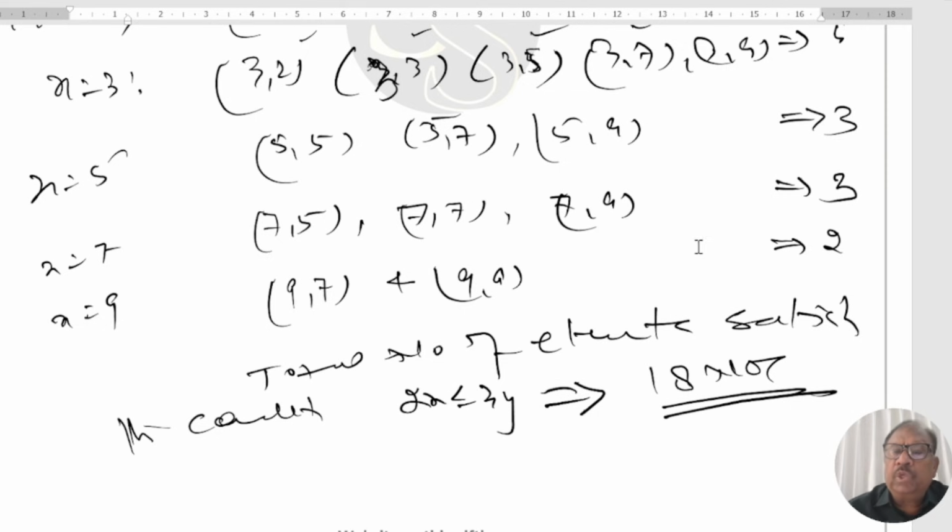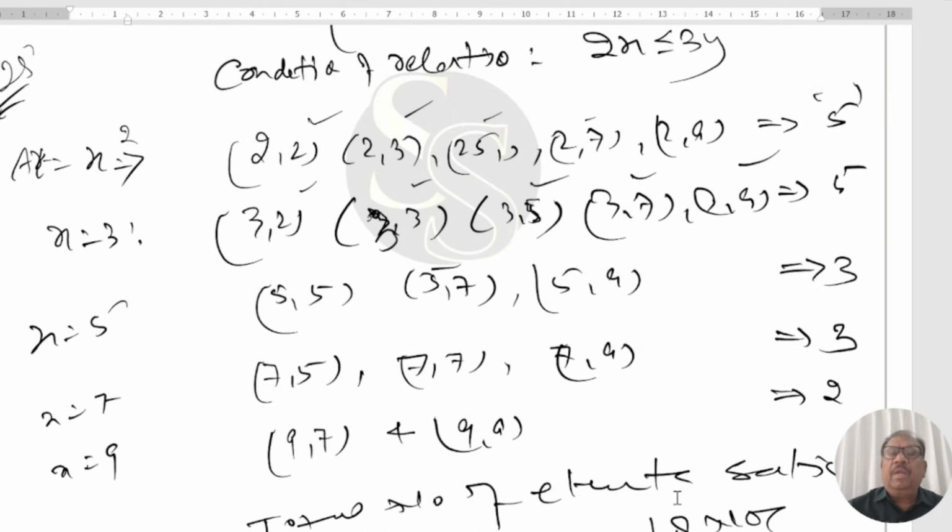Right. Now to check for symmetric. For symmetric, at (2,5) we have to add (5,2). At (2,5), add (5,2). At (2,7), we have to add (7,2).